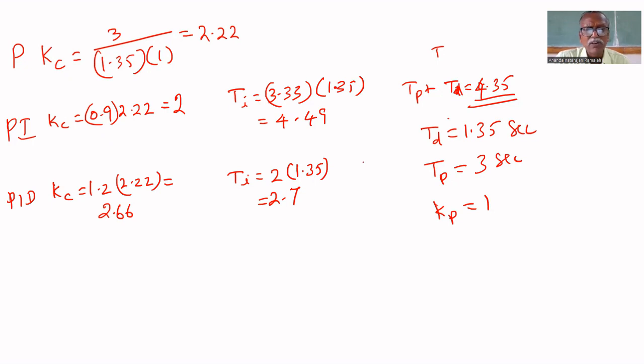Td equal to what? Td equal to 1.35 divided by 2, which is 0.675. Okay, we got the tuning parameters.